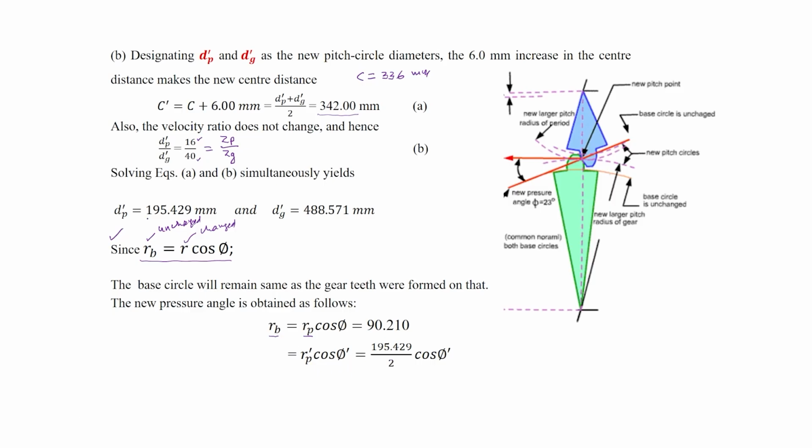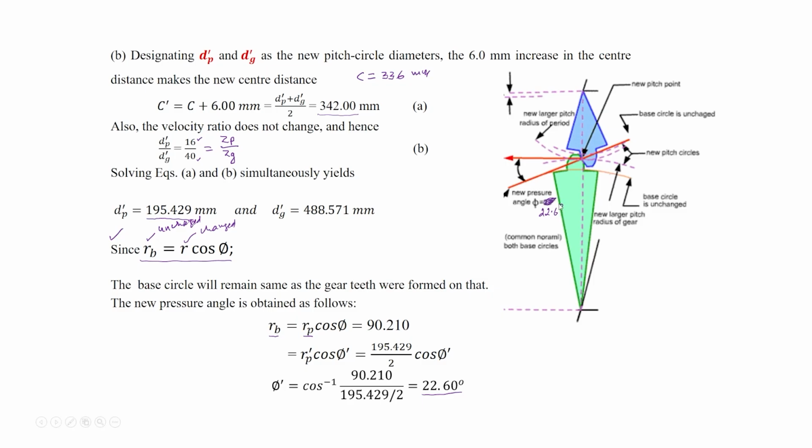Rp dash is equal to 195.429 divided by 2 cos of the phi dash, and so phi dash is equal to cos inverse of 90.212, which is Rb, divided by 195.429 divided by 2, and thus the new pressure angle is 22.6 degree.